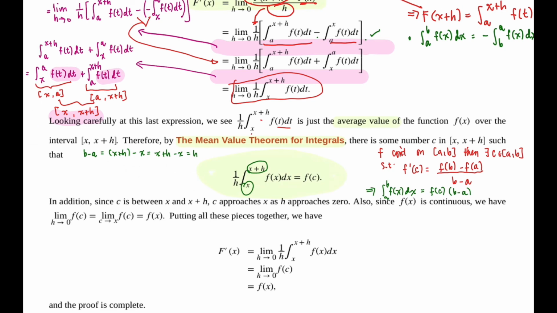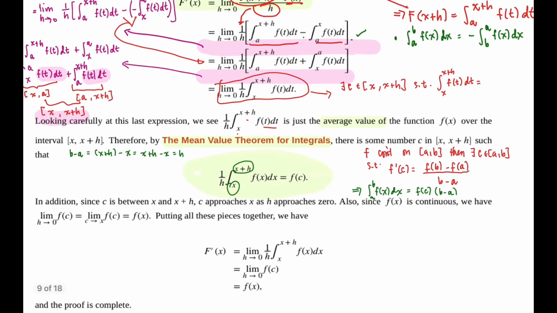This tells us that we can find a c in the closed interval x to x plus h such that the integral of f of t dt from x to x plus h is equal to f of c times h.